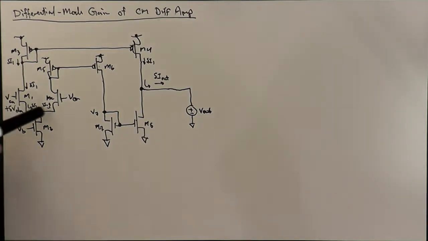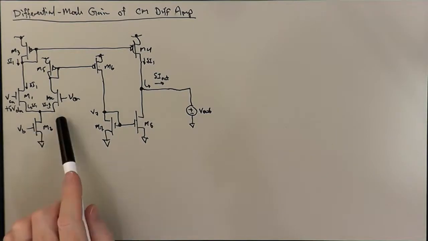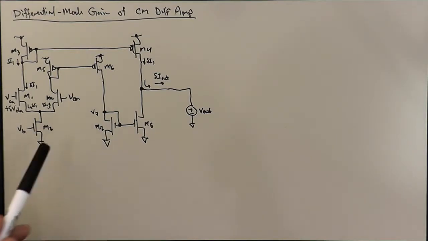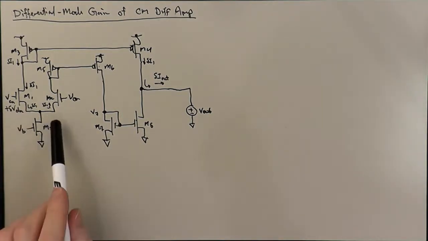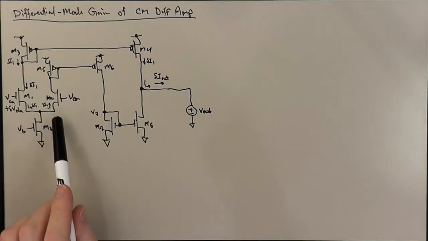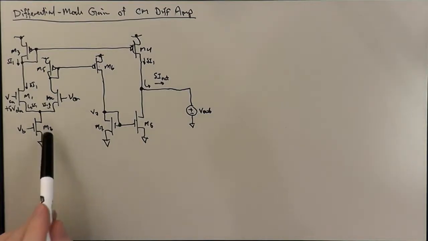They sum to a constant IB, and so if we increase the current in M1 by some delta I1, we also have to reduce the current flow in M2 by the same delta I1 in order for them to sum to a constant.